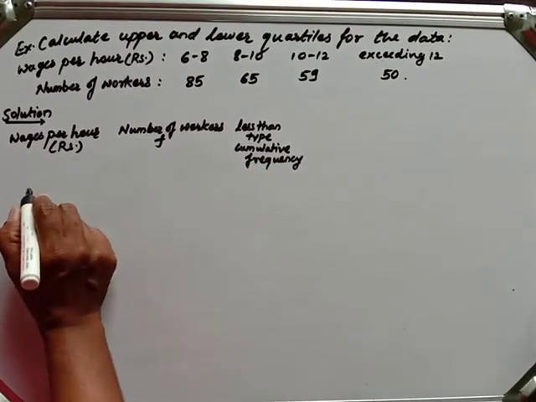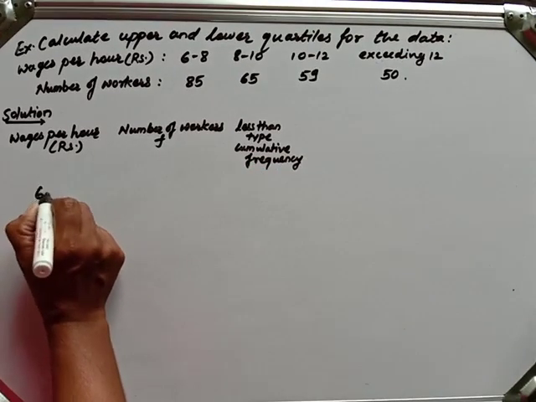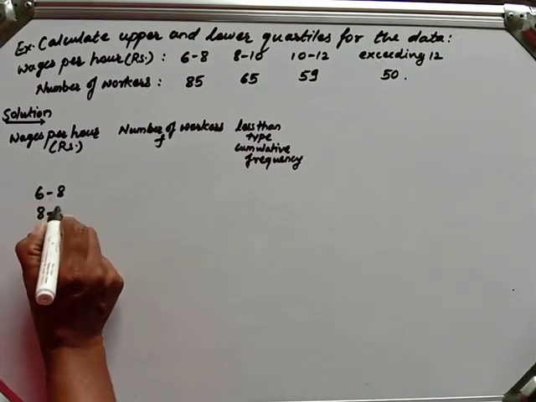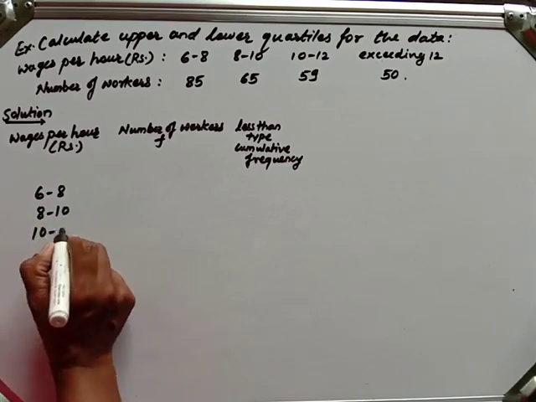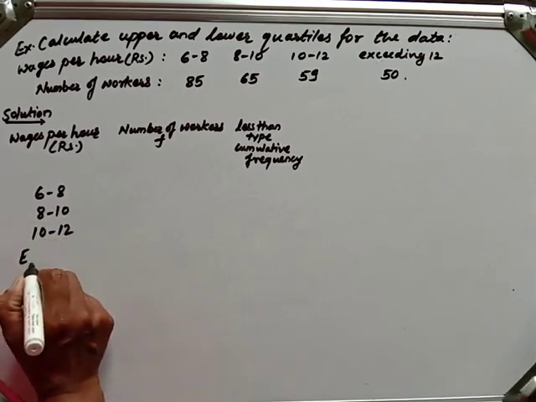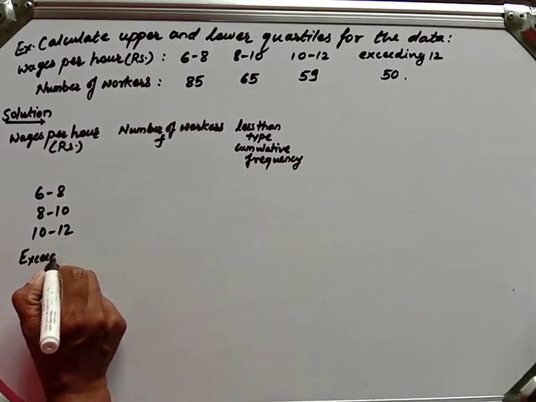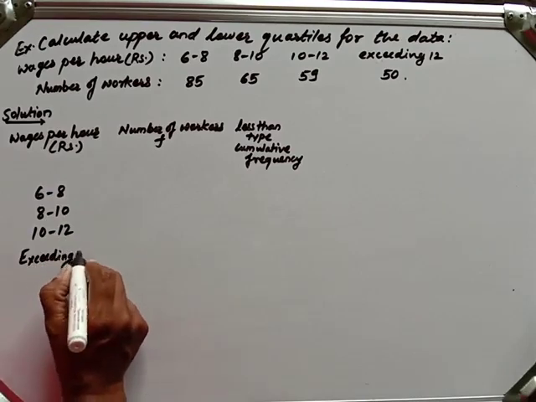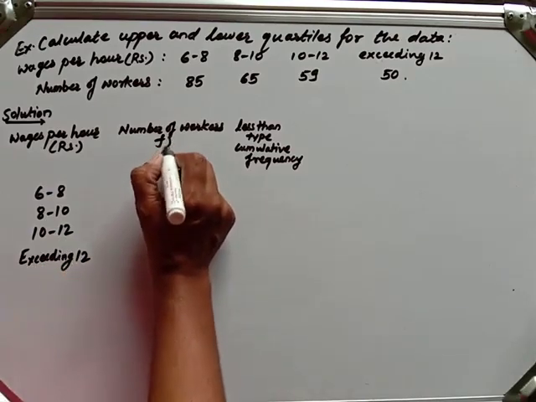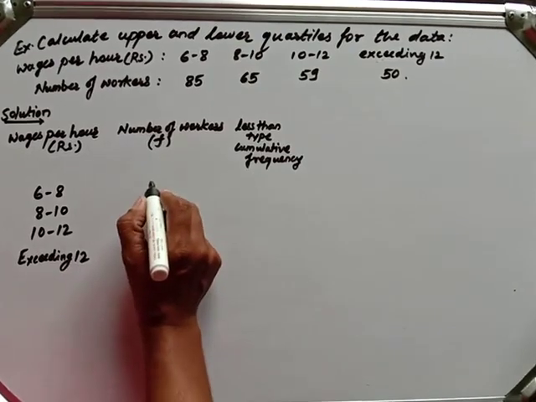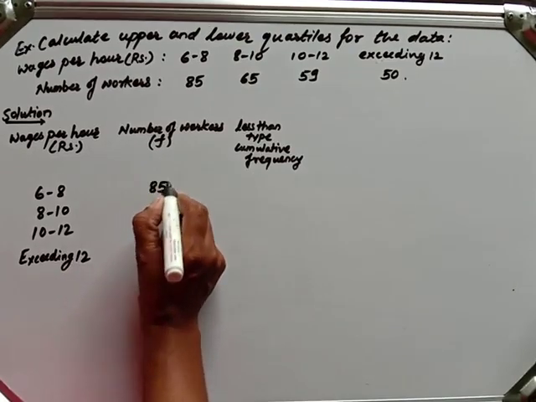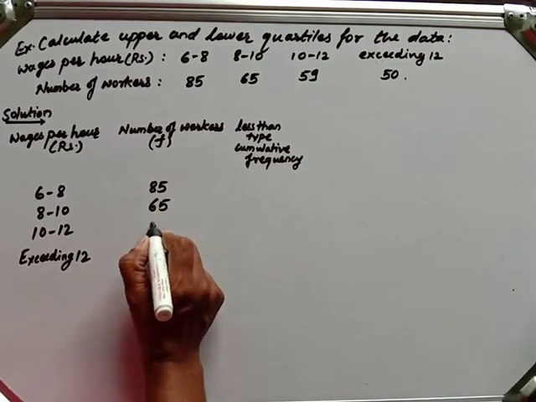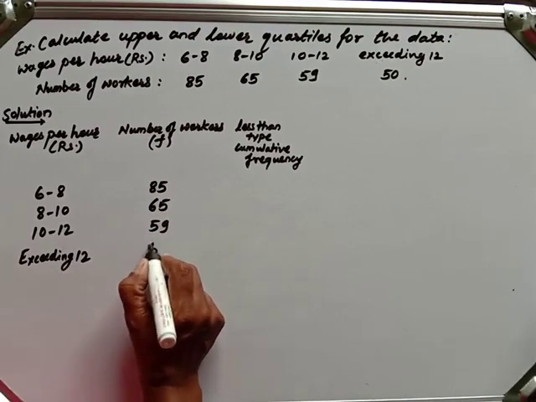So here wages per hour are 6 to 8, 8 to 10, 10 to 12 and exceeding 12. The number of workers, that is the frequency, is 85, 65, 59 and 50.